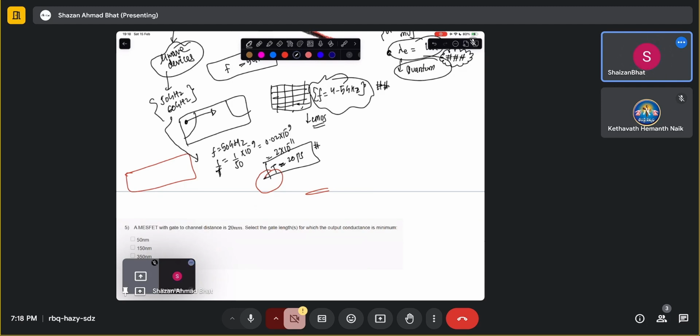Because you are applying this microwave as an input to the transistor, and you want it to go to the output, you are using it at a microwave frequency. Then the electron should respond at this time scale, and it becomes difficult for it to respond at this time scale.